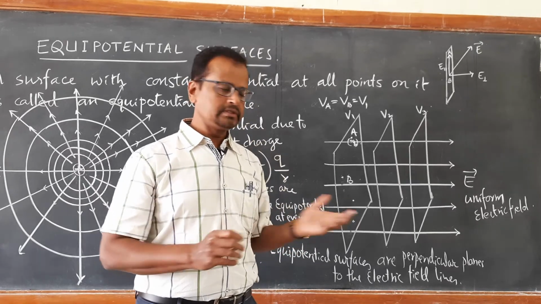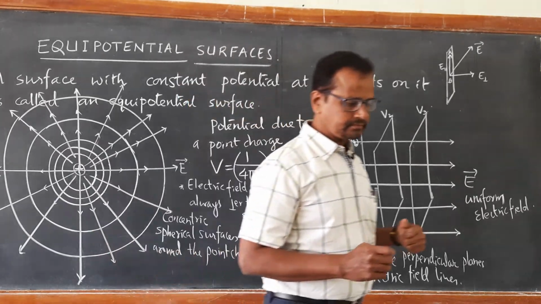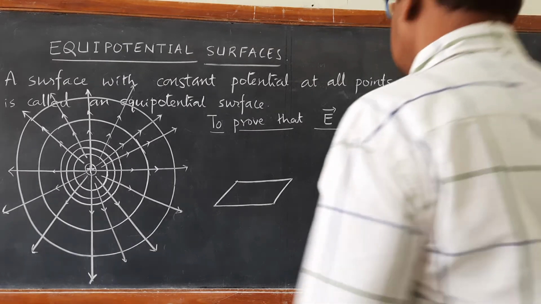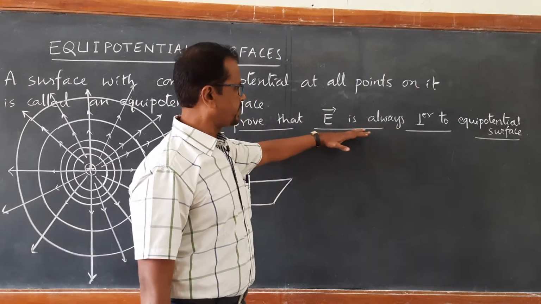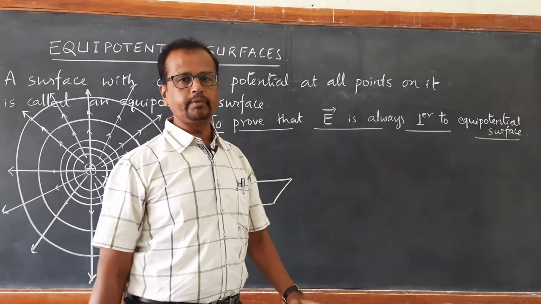Okay. So this can be proved mathematically also. Now let us prove how electric field vector is always perpendicular to equipotential surface.